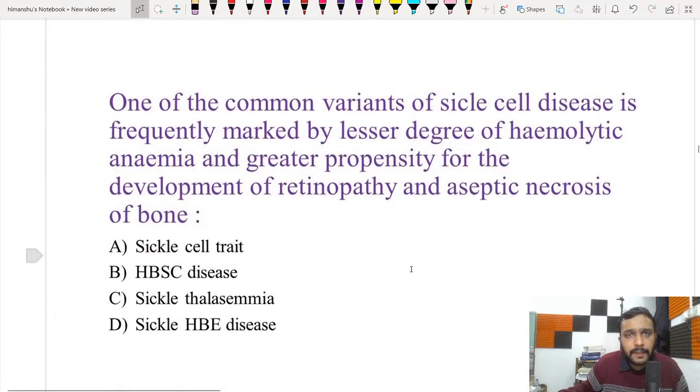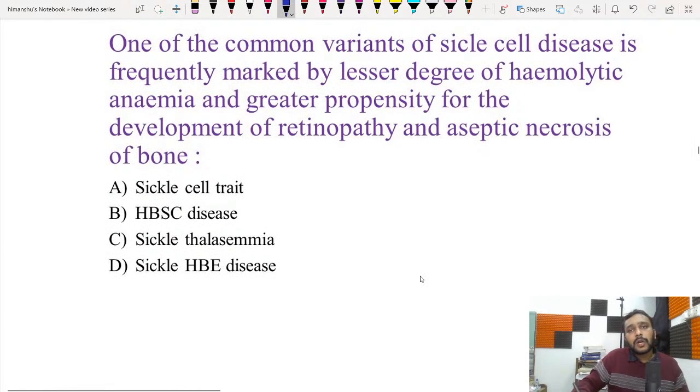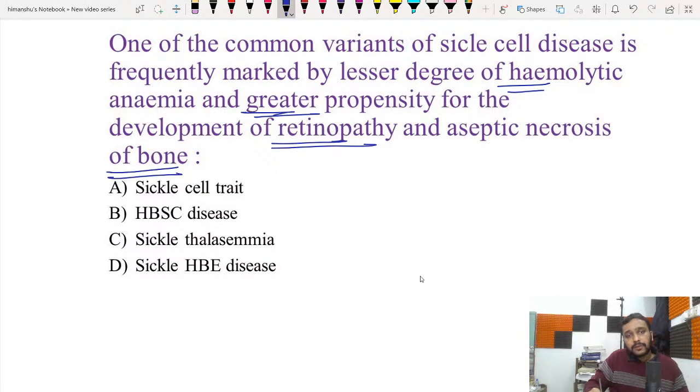One of the most common variants of sickle cell disease, frequently marked by lesser degree of hemolytic anemia and greater propensity for the development of retinopathy and aseptic necrosis of bone. What is your answer, guys?